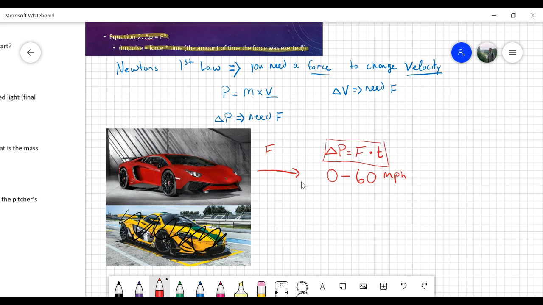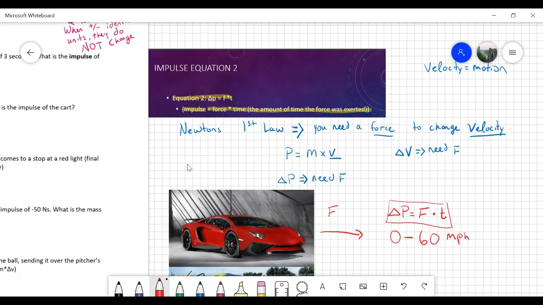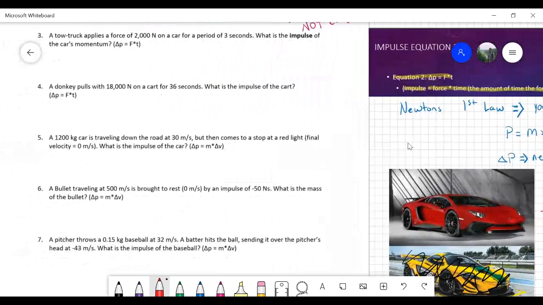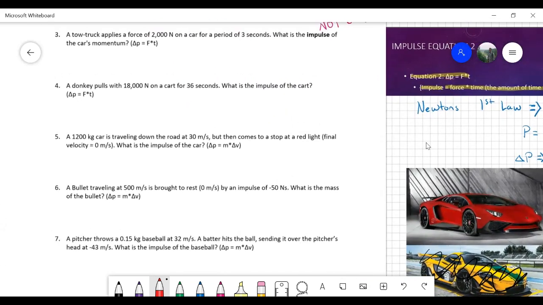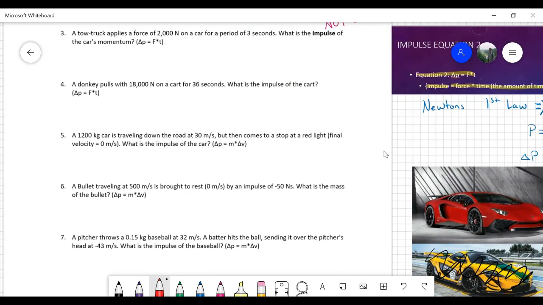That's all I'm trying to say. Delta P equals F times T. Okay. So let's do an example problem with this. A tow truck applies a force of 2,000 newtons on a car for 3 seconds. What is the impulse?